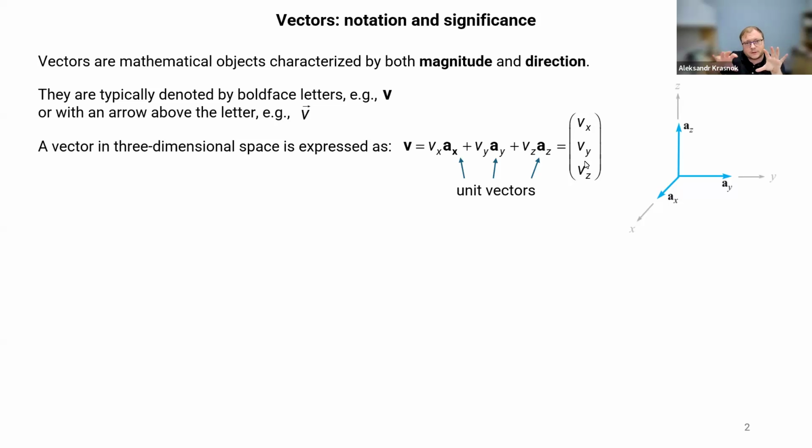However, this rotation doesn't change the velocity itself, because velocity is something that truly exists. This is, for example, the velocity of my vehicle moving. Of course, the change of the coordinate system doesn't change that.